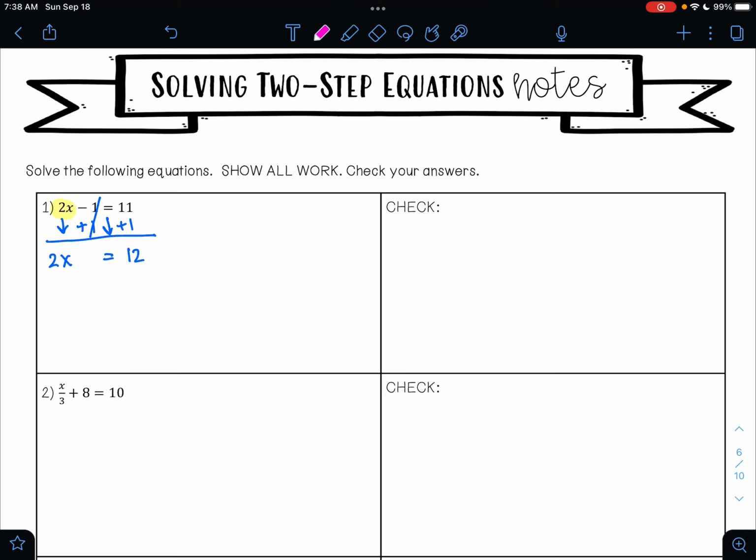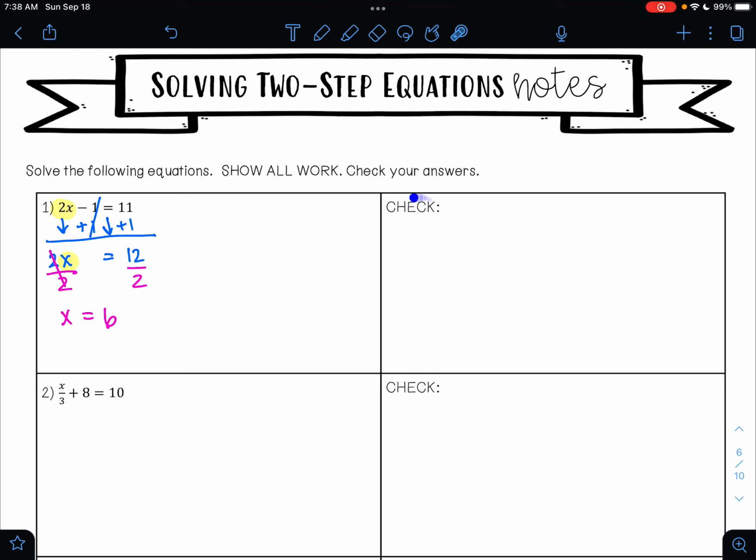Division. So to get this x by itself, I'm going to divide both sides of my equation by 2. To undo multiplication, we did division. 2 divided by 2 is 1. 1x is just x. 12 divided by 2 is 6. Again, your goal is to get x by itself. This x is by itself, so we got the answer of 6.